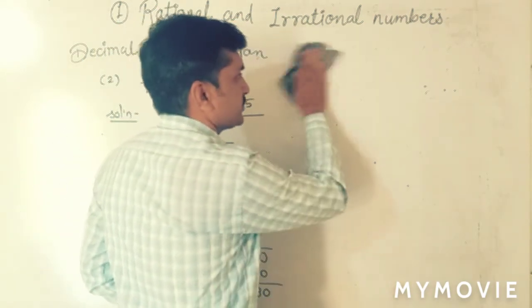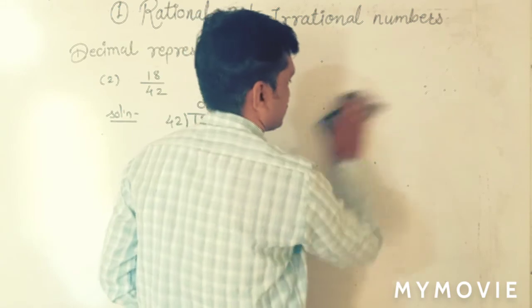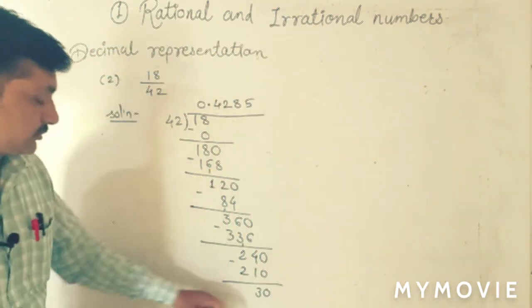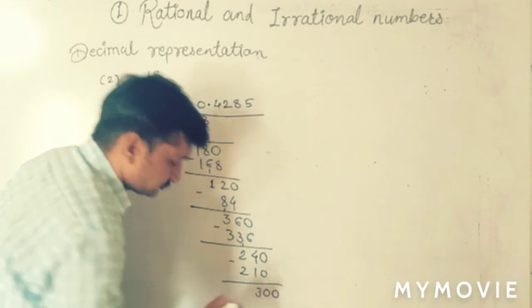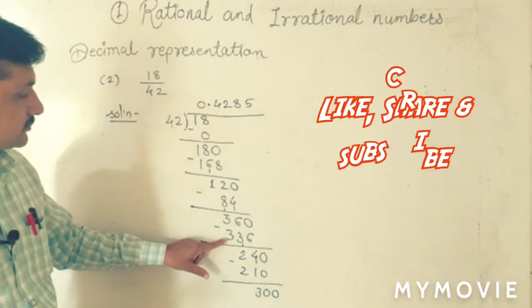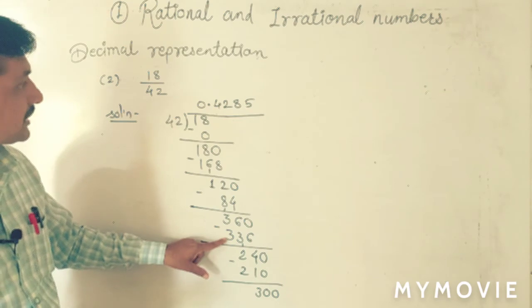In the rough we have to check that. The table of 42 we haven't learned. Then again 0, 300 we got. Now you see 330 is greater. 330 means by 8 I think.